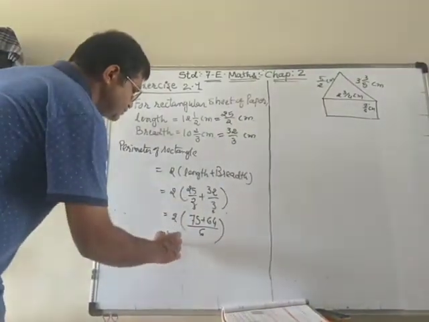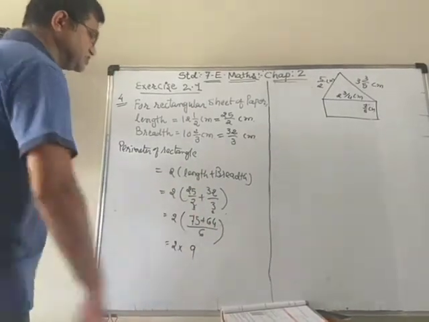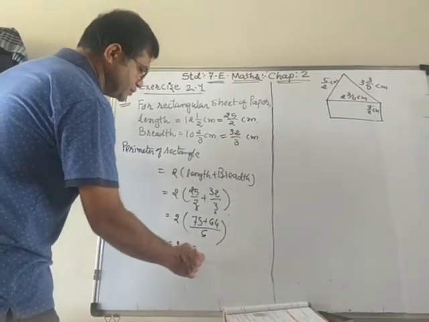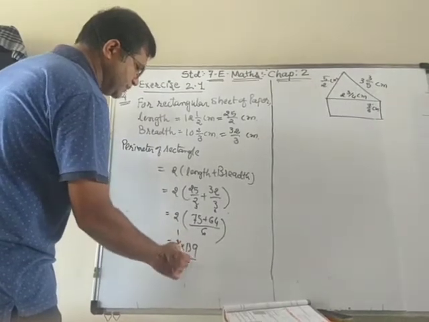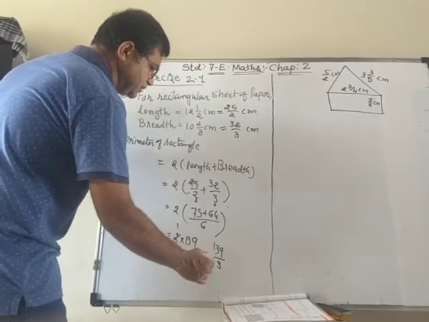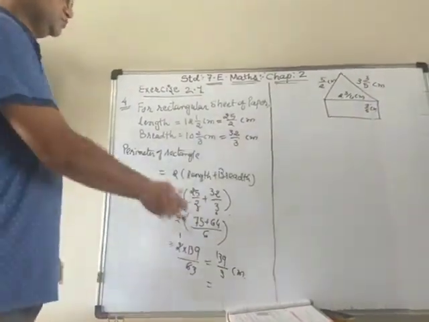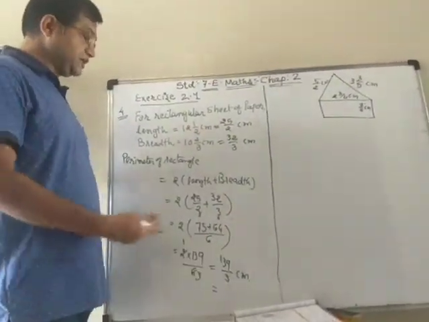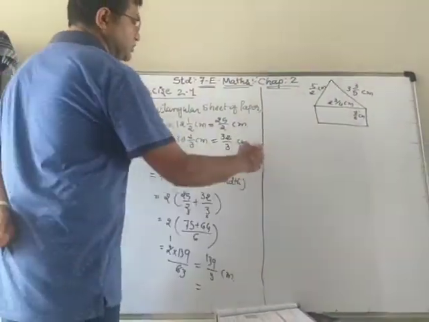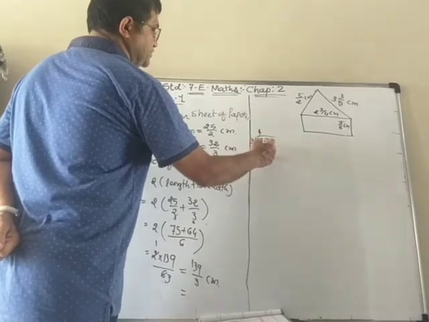So it is equal to 2 into, now 75 plus 64 is 139 upon 6. Now you can cancel also, 2 ones are, 2 3s are, is equal to 139 upon 3. Now again it is an improper fraction, so the answer should be written as a mixed fraction. So we have to divide 139 by 3. 3 4s are 12.